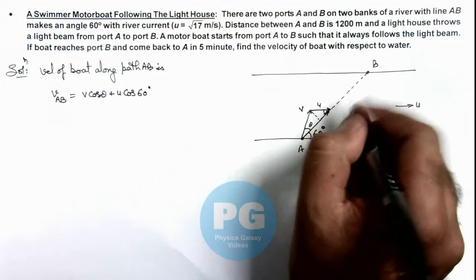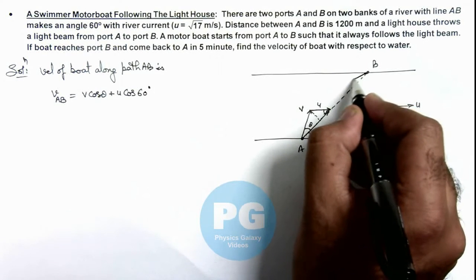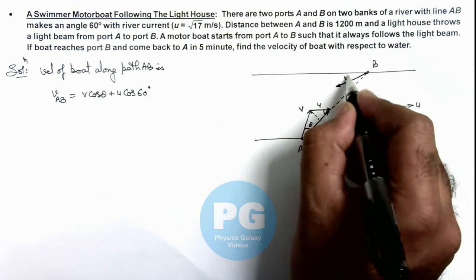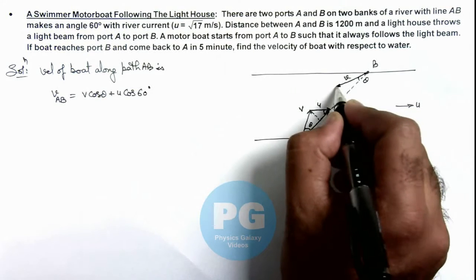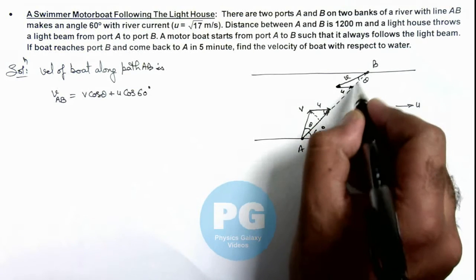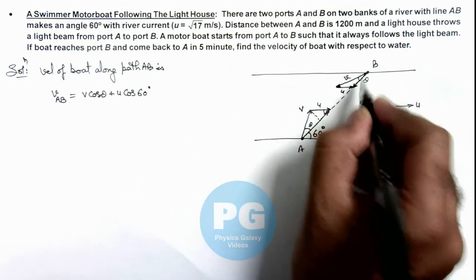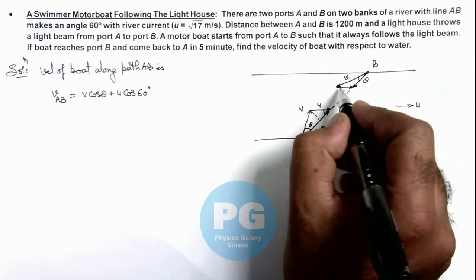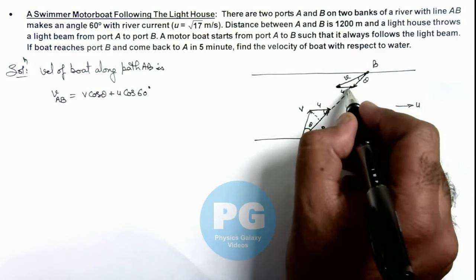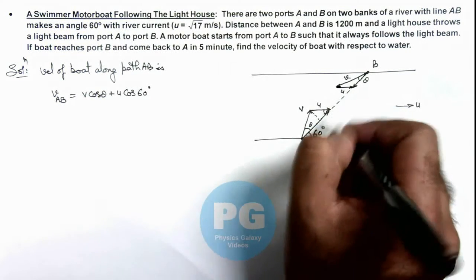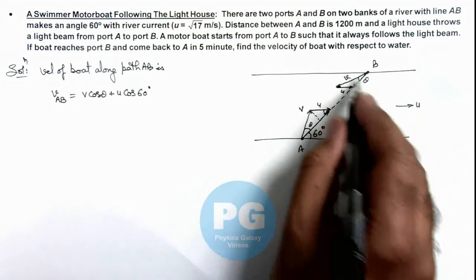Similarly, when it returns, the boat has to travel with the same speed V at an angle theta, but when the speed U is added to it, the resulting speed will be less compared to earlier, because the river current component along the line BA will be subtracted from V cos theta.